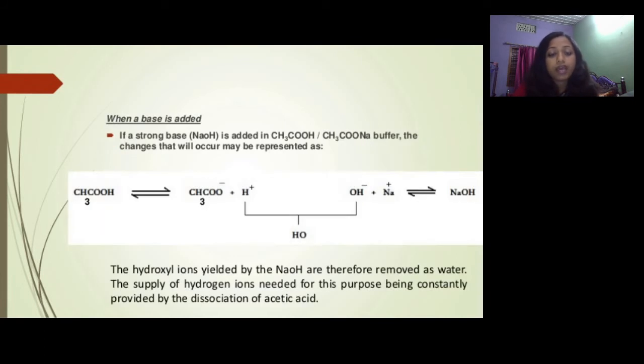Now, if we add a strong base, then what will happen? Suppose we are adding sodium hydroxide. It will dissociate to give sodium plus and hydroxyl ion. Now, this hydroxyl ion will combine with the H plus ion to give H2O.